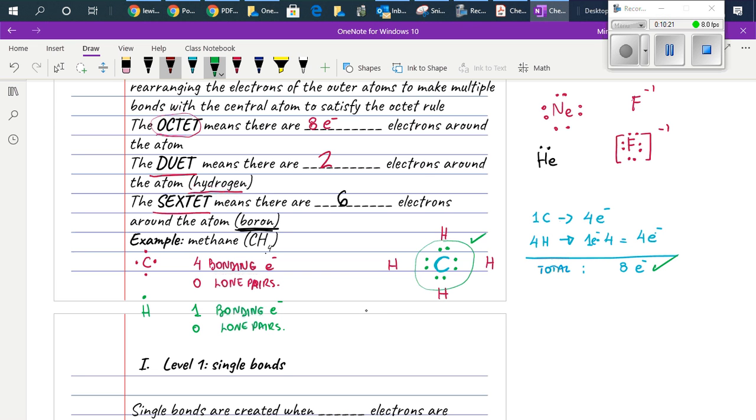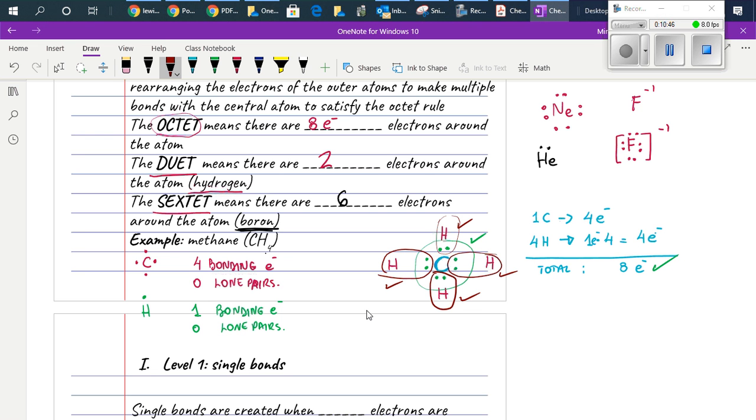However, when we take a look at the outer atoms, we have hydrogen, so the duet rule needs to be satisfied. This hydrogen has a satisfied rule. This hydrogen has a satisfied rule. This one here as well has a satisfied rule. And this one has a satisfied rule.